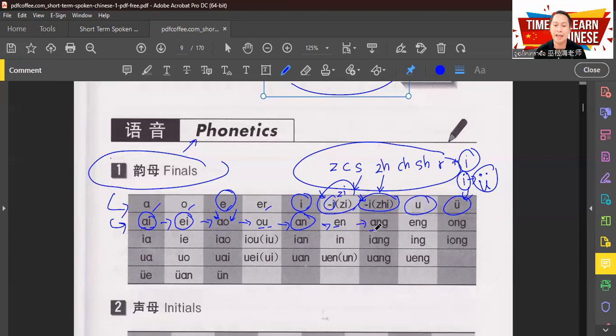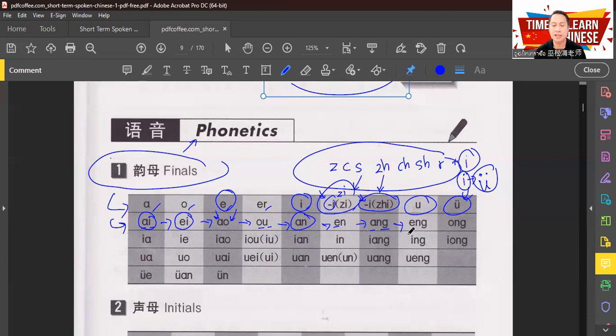Next one is A and NG. Every time that you see A, you have to open your mouth. The next one, E and NG.